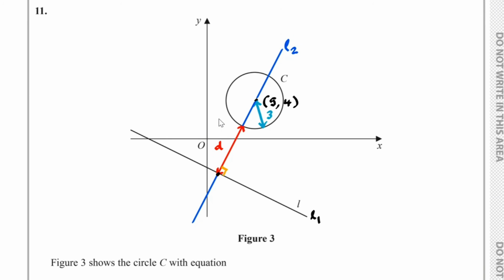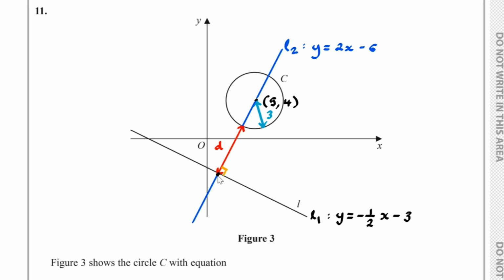The line L2 has equation y equals 2x minus 6, and the line L1 we have just worked out to be y equals negative 1 half x negative 3.